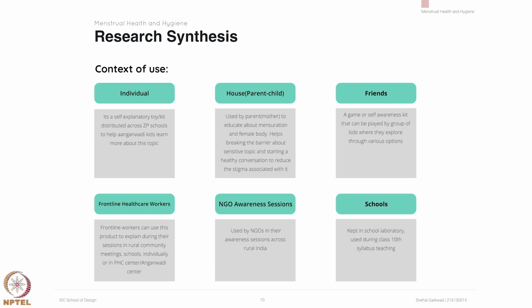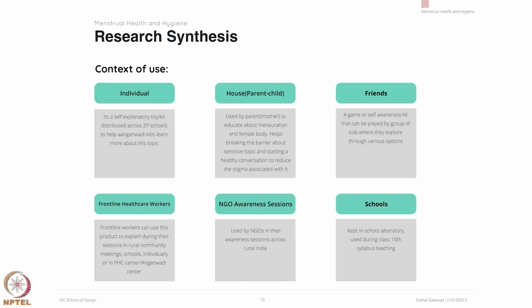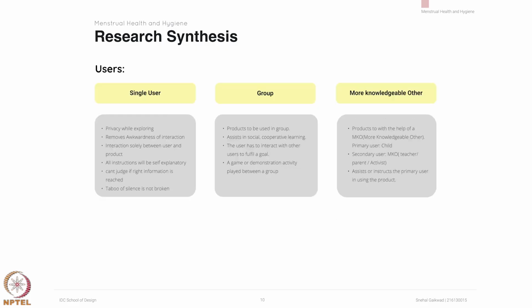Context of use: where will my product actually be placed? Is it individual use, or will a parent explain it to the child, or will a group of friends explain to each other, or will a frontline health worker visit and explain it to you, or will it be used in schools?